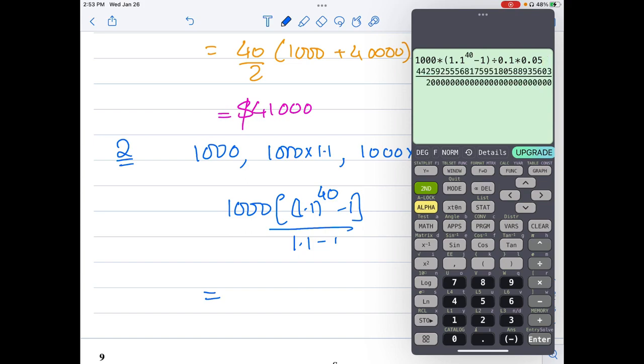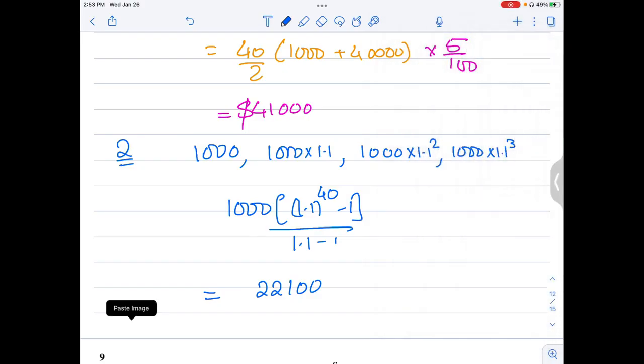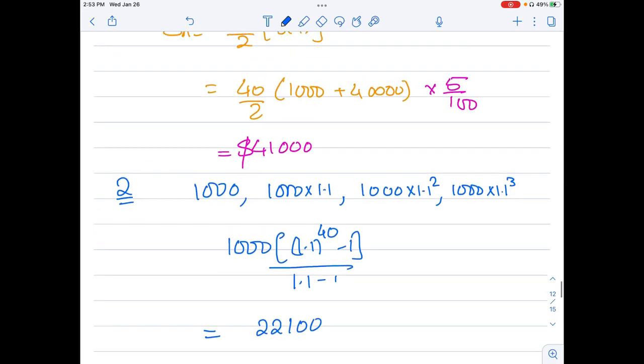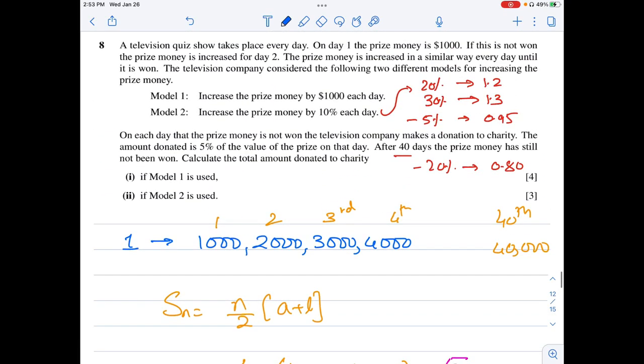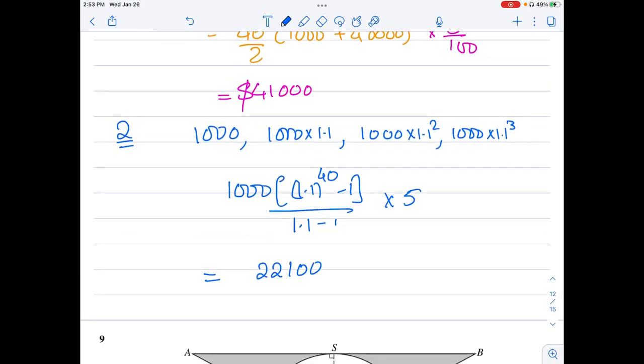Delete button is over here, so I got that. So it becomes 222,129, so 222,000 to 3 significant figures. I got that answer. Calculate the total amount donated in charity. So don't forget to multiply with 5%.